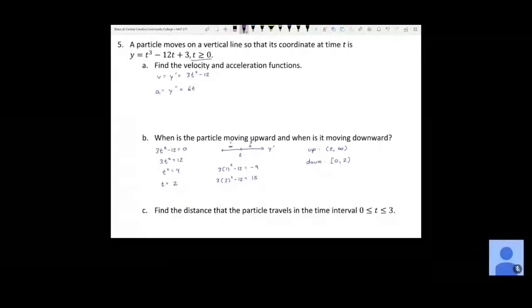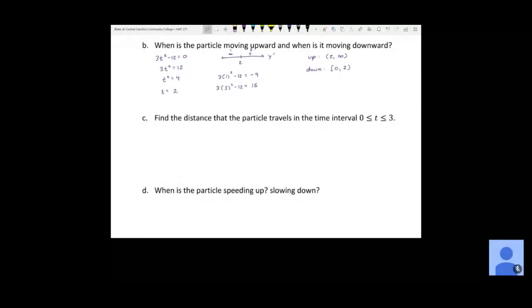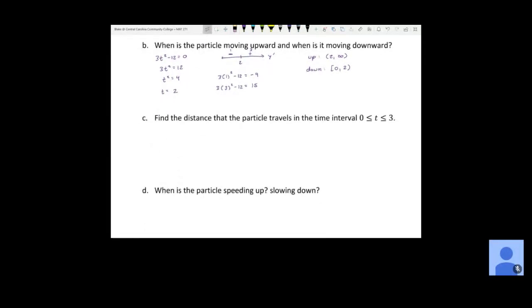All right. Part c: find the distance that the particle travels in the time interval from 0 to 3 seconds. How are we going to find that distance?